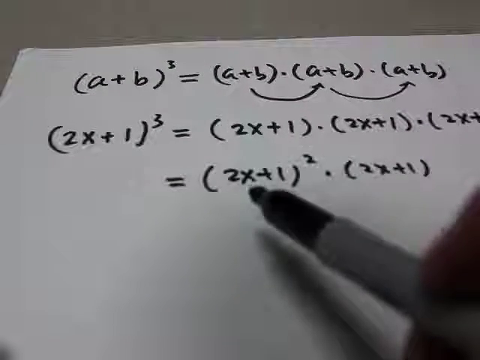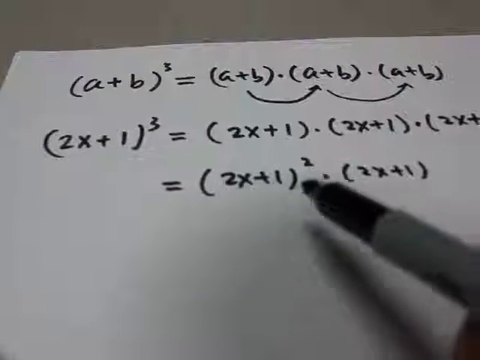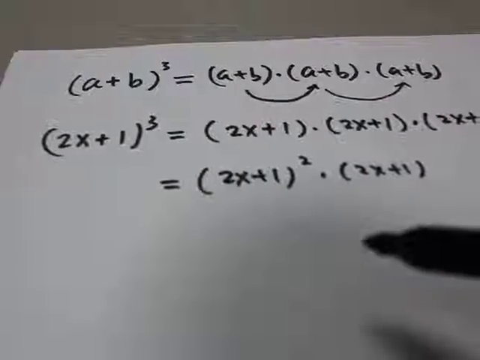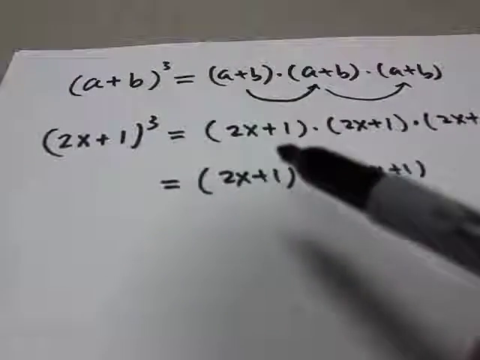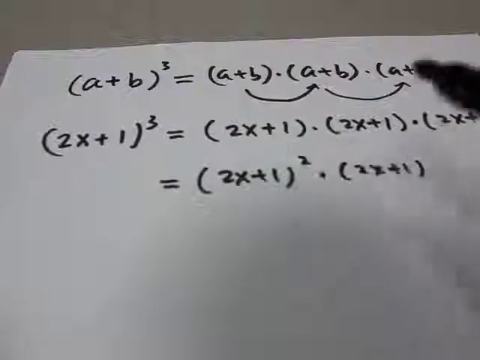To find 2x plus 1 squared, either you can use this pattern, or you can use FOIL.